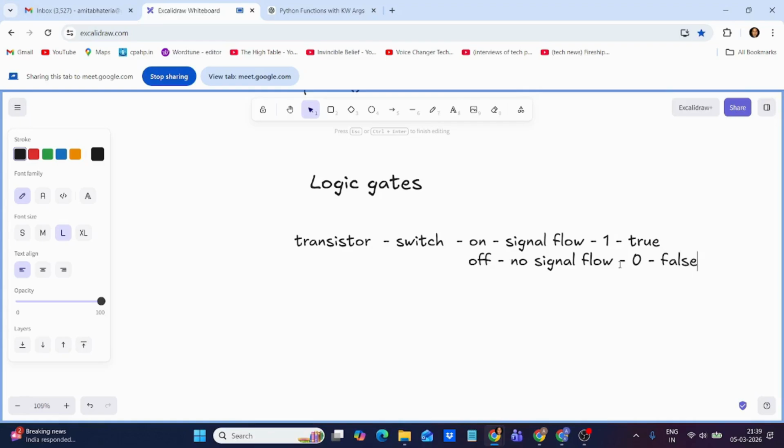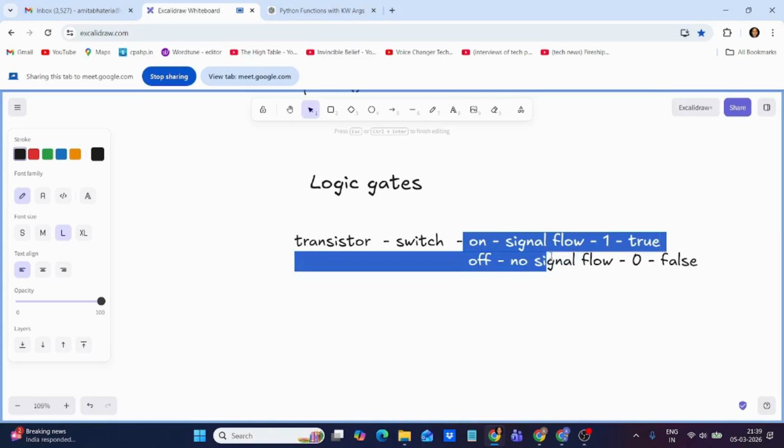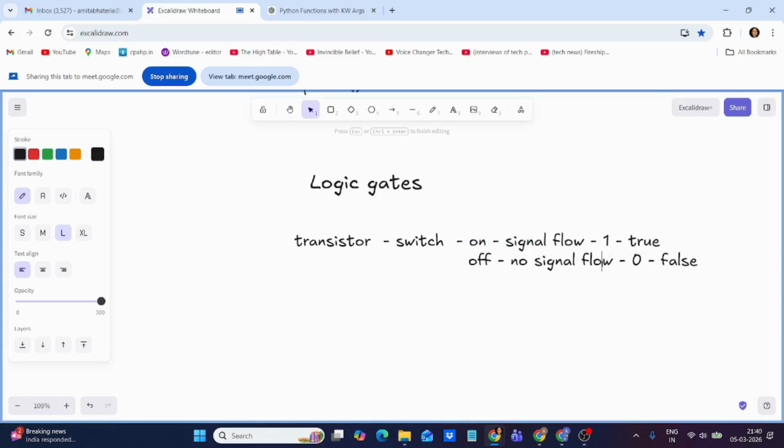False, right? That is why a switch also works on this principle: if the switch is on there will be signal flow, and if the switch is off there will be no signal flow. A transistor also works in the same form. If there is signal flow we call it true or one, and if there is no signal flow we call it zero or false, right?